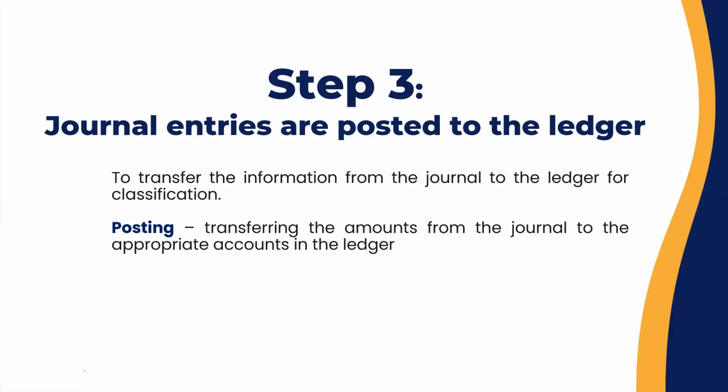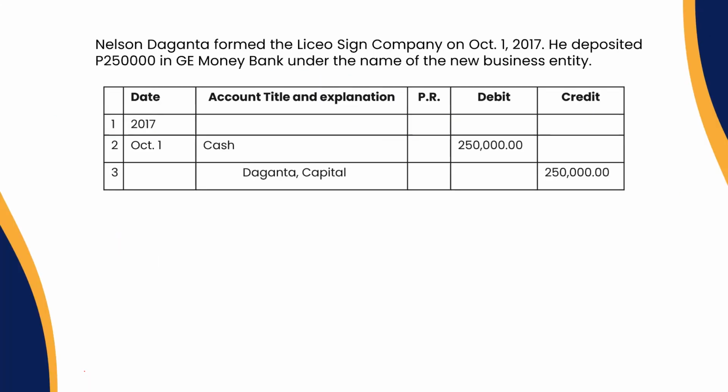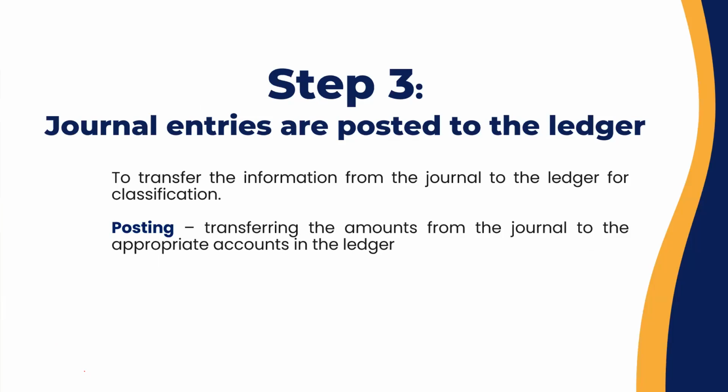What do you mean by summary? Ibig sabihin, lahat ng transactions sa cash, ilalagay mo sa cash book. Okay? Lahat ng transactions sa accounts receivable, ilalagay mo siya sa accounts receivable. Kumbaga, isa-separate mo siya according to their separate books. Books of cash, book of accounts receivable, book of accounts payable, book of expenses, book of revenue.